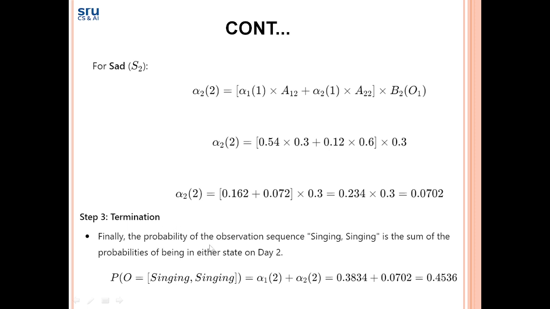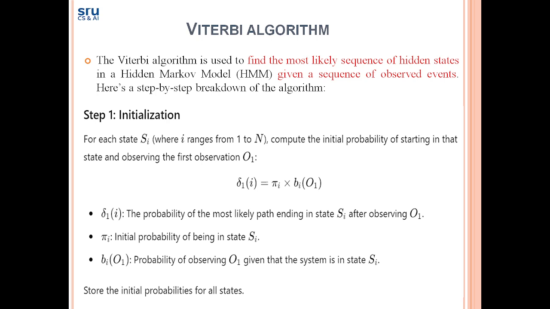Finally, the probability of the observation sequence singing is the sum of probabilities of being in either state on day 2. The probability of singing is given by this part. So here we get, say, 0.4536.